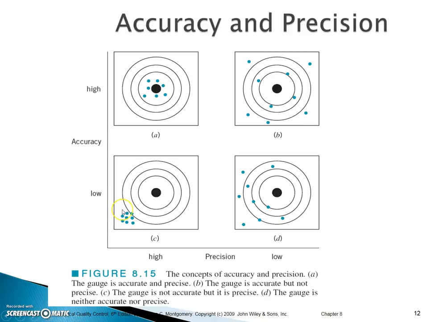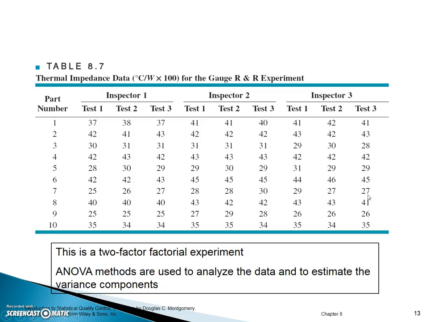It may be very precise, but maybe the real weight is 22 ounces because the gauge hasn't been calibrated, or we don't have a golden unit to measure it against. So we need to be sure that we have both a gauge that is calibrated, so that we know it is measuring 20 ounces if it really is 20 ounces, and is precise as well. So our GaugeR&R studies really focus mostly on the precision, not on the accuracy.